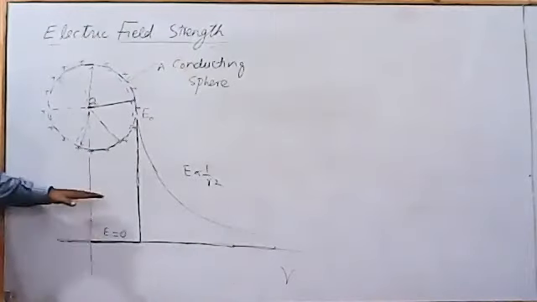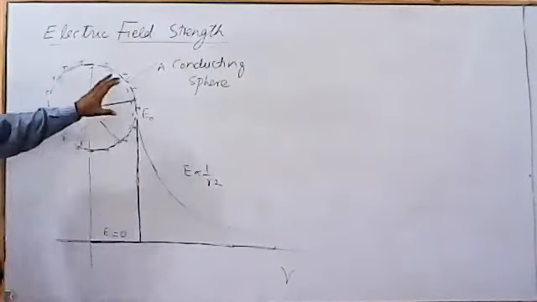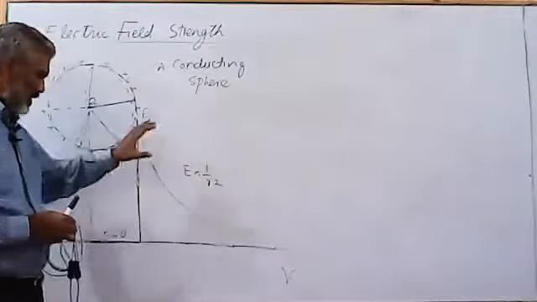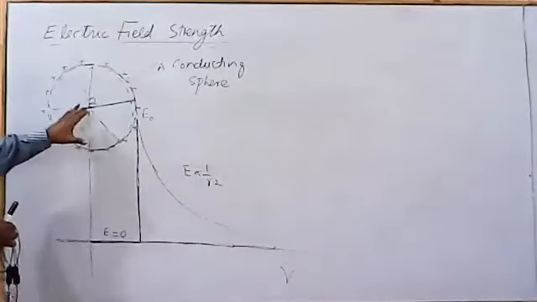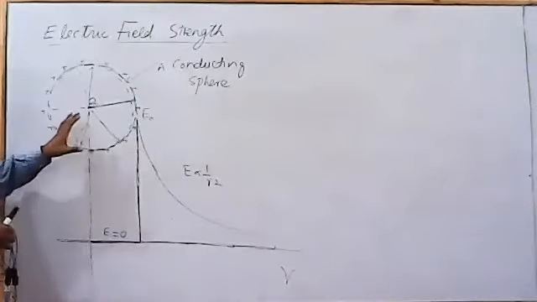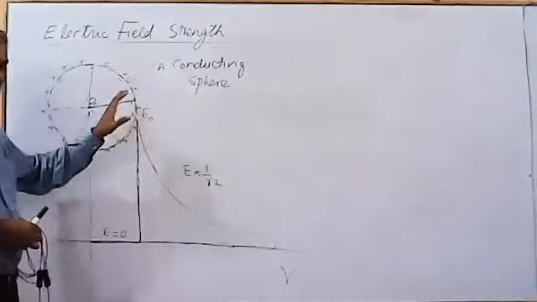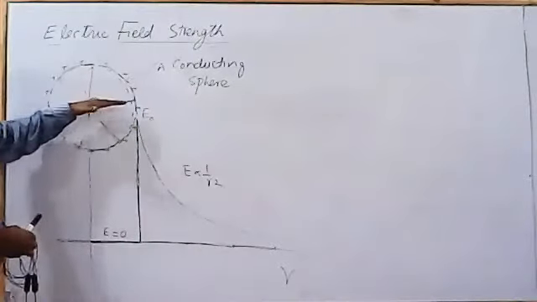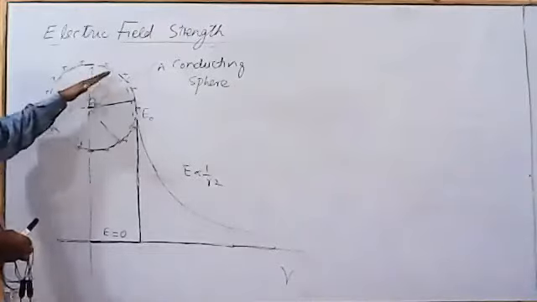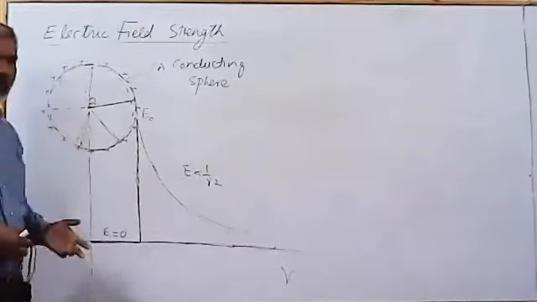So the important thing that you will remember here is that electric field strength inside a conducting sphere is taken as 0 because there are no free charges inside, and even if this charge is assumed to be concentrated at the center, the electric field is equal and opposite in all directions, so the net effect is 0.